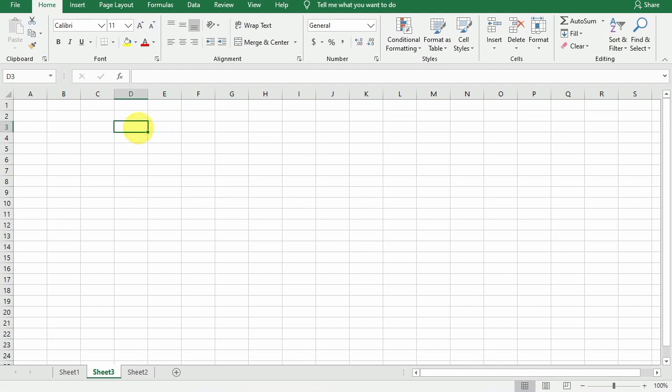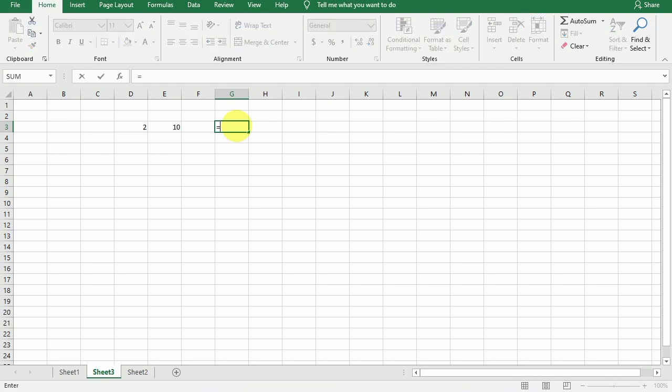Let's say I have two numbers. This is 2 and this is 10. Now I want to place an if statement here, or a logical statement that prints out true or false, or yes or no, or whatever I want to print out if a particular condition is being met.